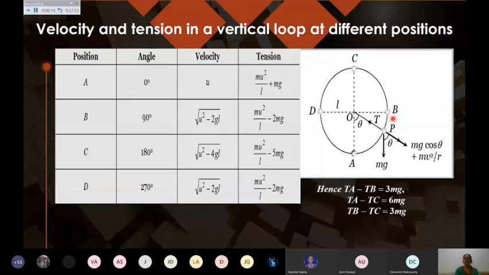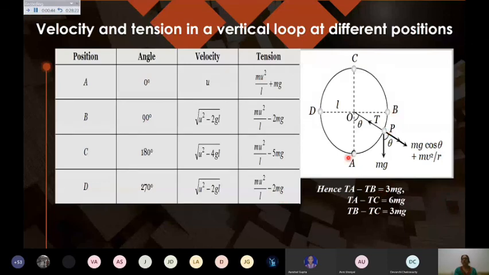So in the formula which I have given you earlier, you need not write the value of cos theta equals r minus h upon r. Simply leave cos theta as it is, and then you can get all these results for the different angles. Then you can conclude that the tension difference between point A and point B is 3 mg.